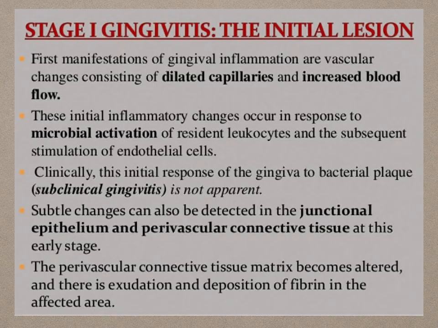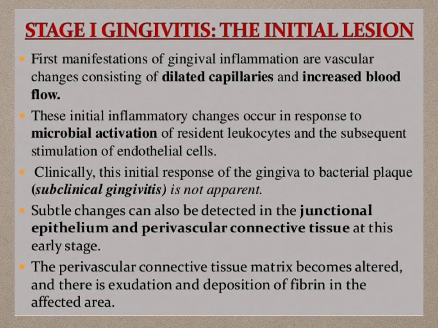Now we'll see the different stages, stage by stage. Stage 1 gingivitis, the initial lesion, is the first manifestation of gingival inflammation, characterized by dilated capillaries and increased blood flow. These initial inflammatory changes occur in response to microbial activation of resident leukocytes and the subsequent stimulation of endothelial cells.